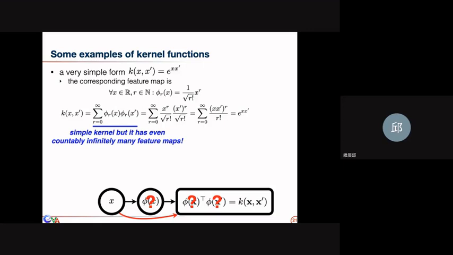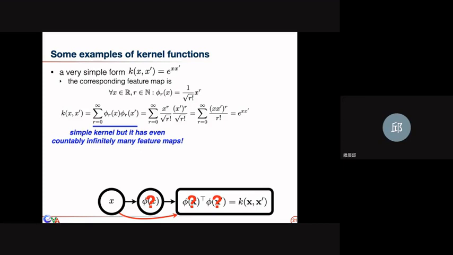Not to mention that you need to compute the inner products between two feature vectors of infinite dimensionality, so this is quite computationally expensive.